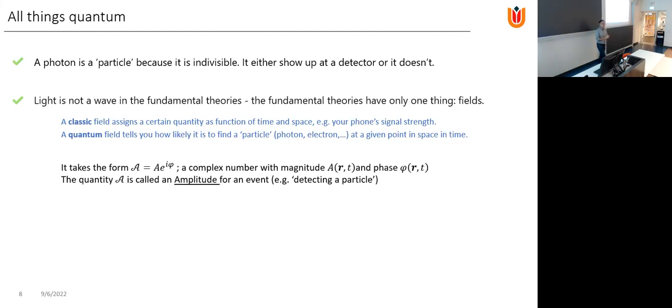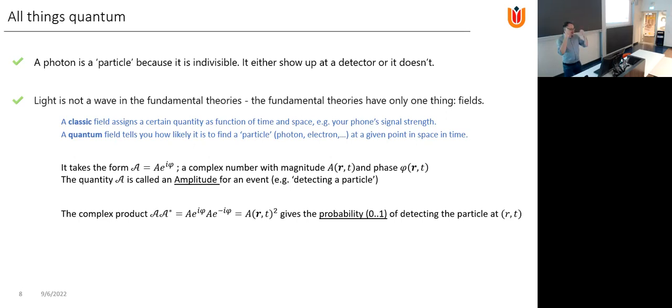I assume that you're familiar with this complex notation. So it has an amplitude, the magnitude, and a phase term. The quantity that the quantum field describes is called an amplitude for an event. So there is a certain amplitude, this complex number, for, let's say, detecting a photon, or finding a photon at a certain place at a certain time.